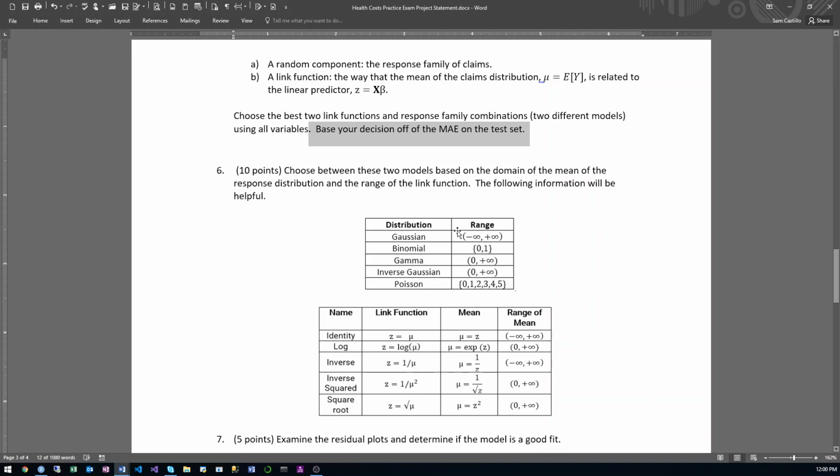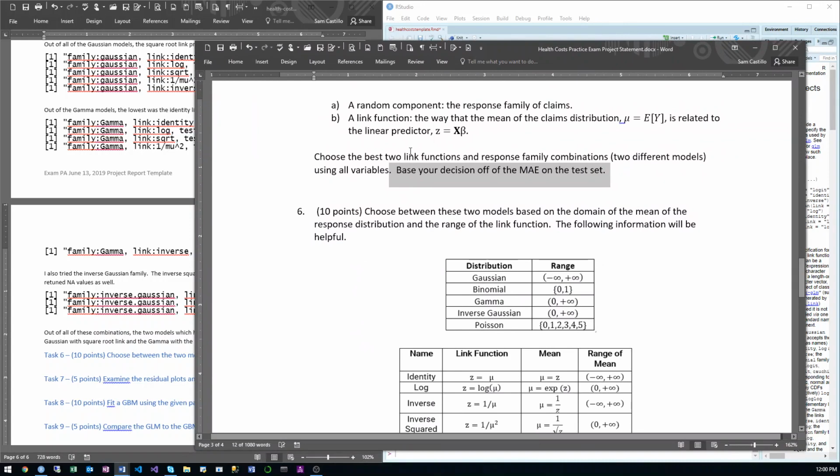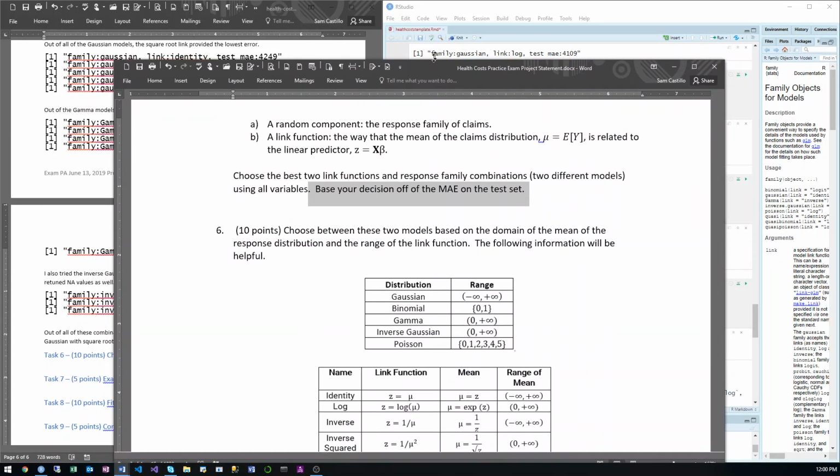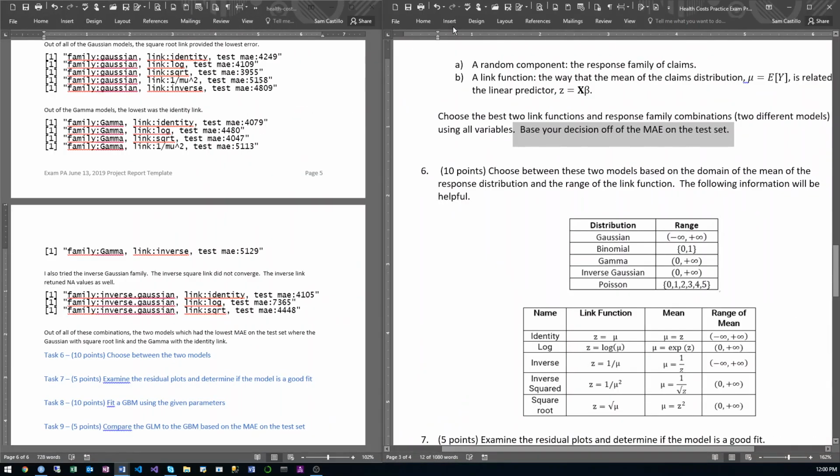And so how does this connect to our problem? Well, we're trying to predict claims, and claims are always positive. It's not possible to have a negative medical cost. I mean, you could have something like a chargeback, for instance, but in this data, there are no negative claims.